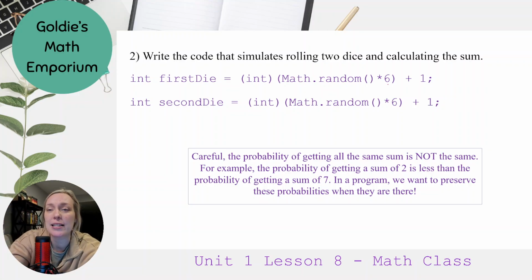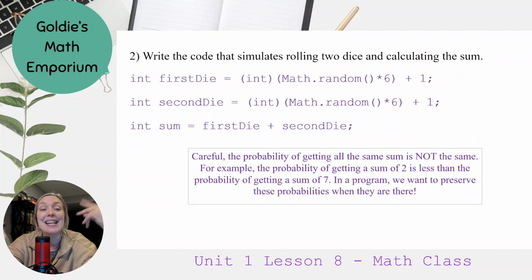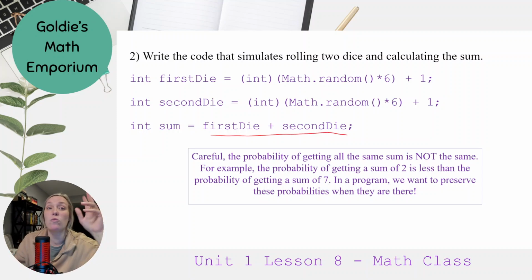For the first die, I have 6 possibilities and the starting value is 1. Same thing with my second die: 6 possibilities, starting value 1. Now I've simulated rolling 2 dice, and to get the sum, I take the first die and the second die, those 2 numbers I randomly generated, and add them together. And now I get the sum.